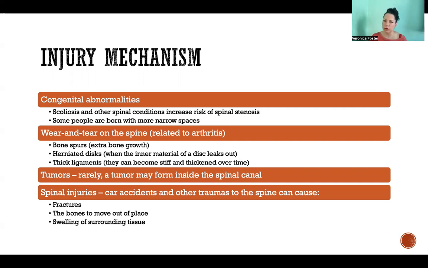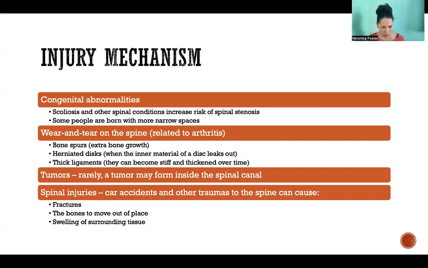It shouldn't be super solid. So there should be some flexibility and movement. Sometimes the ligaments can thicken up, get stiffer and less viscous, and move more toward the solid end of the spectrum. When that happens, thicker ligaments can start to encroach on those spaces and cause stenosis.